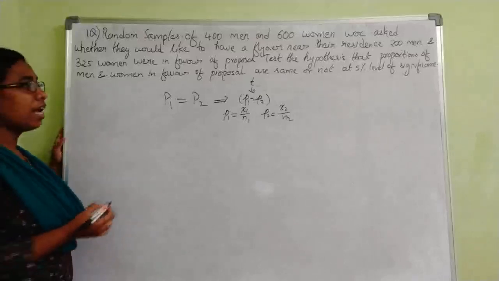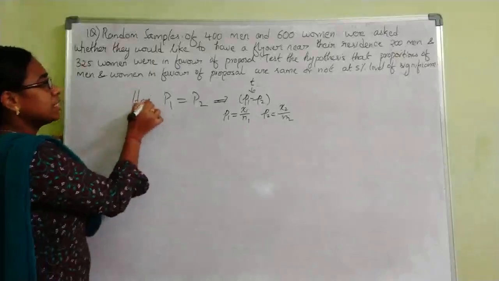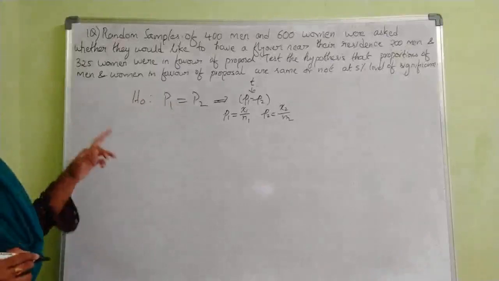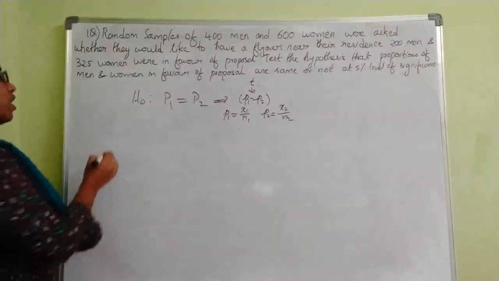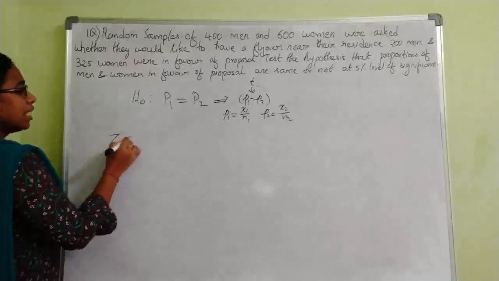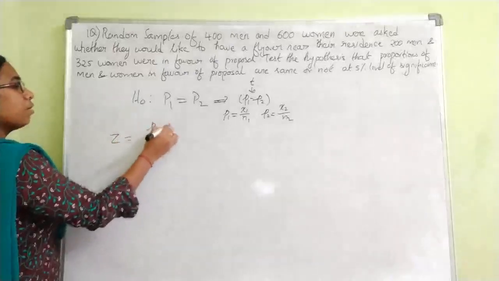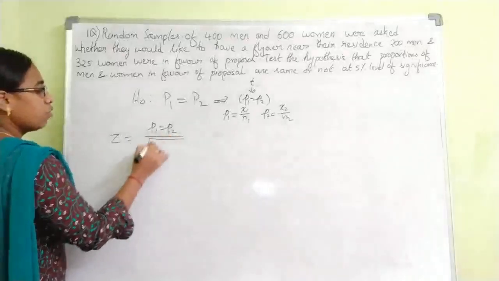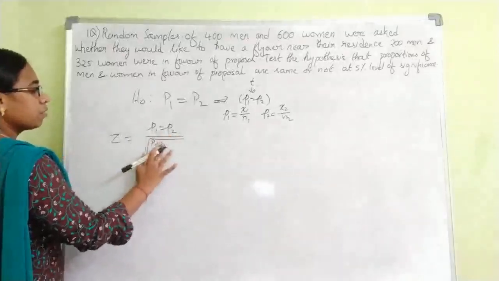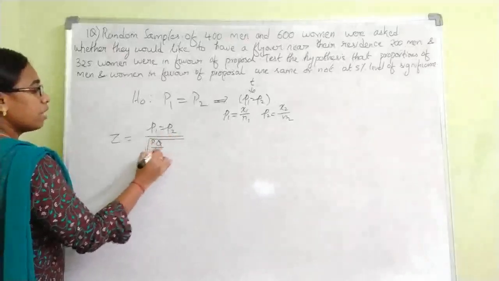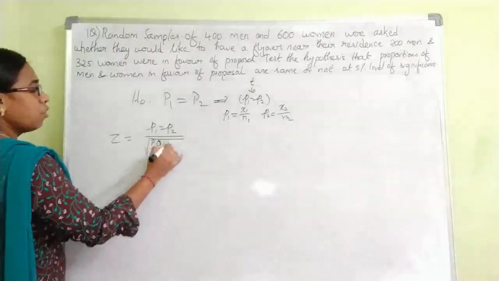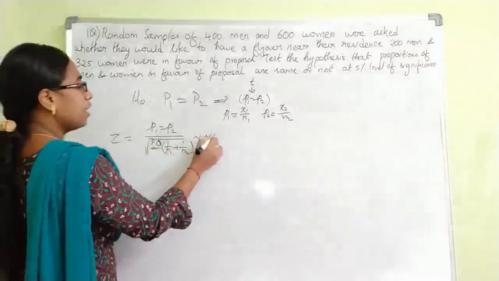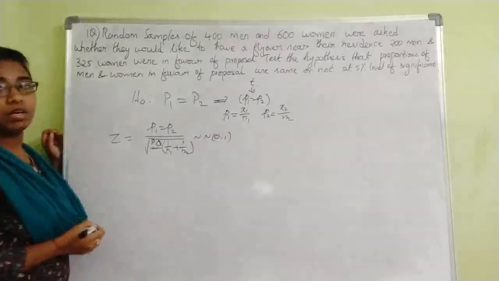Under the null hypothesis we consider that both the population proportions are equal. So under the null hypothesis, the test statistic is Z equals p1 minus p2 divided by the square root of PQ into 1 by n1 plus 1 by n2, which follows the normal distribution with mean 0 and variance 1.